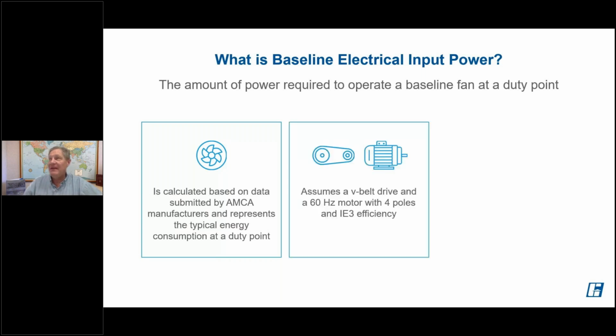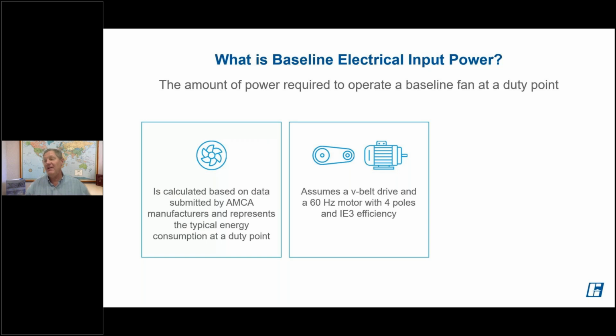But when they did that, because FEI is a wire to air metric, they had to take into account what the drive losses for the motor and the V-belt drives are going to be, because prior to FEI, manufacturers just published brake horsepower. And brake horsepower does not include drive losses of the belts and pulleys. It does not include losses of the motor.